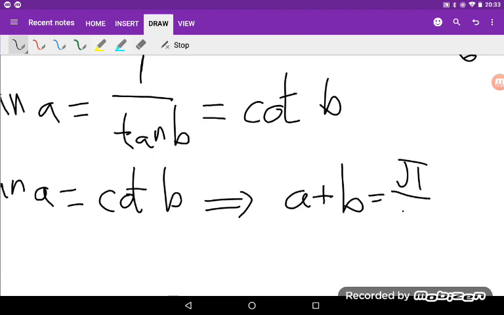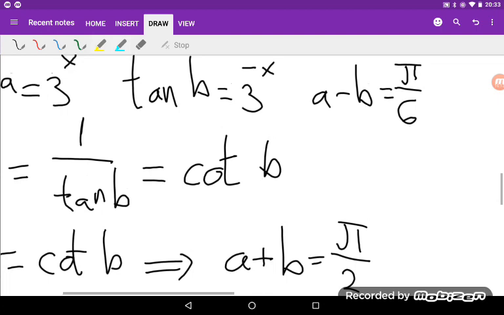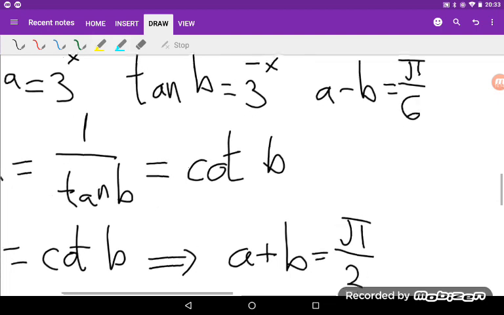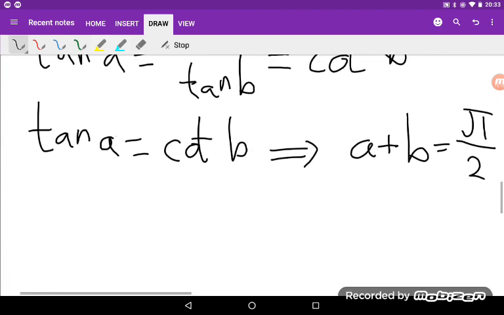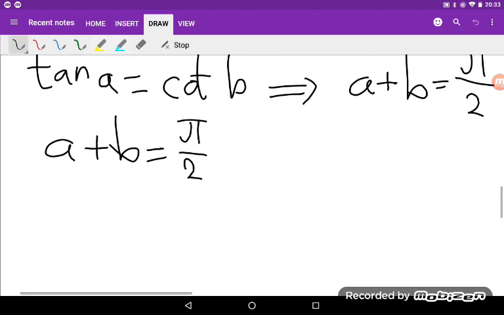So a plus b is pi over 2, okay, and we know that a minus b is pi over 6. So now we have two equations with two variables, so we can just solve a system. So a plus b is pi over 2 and a minus b is equal to pi over 6.